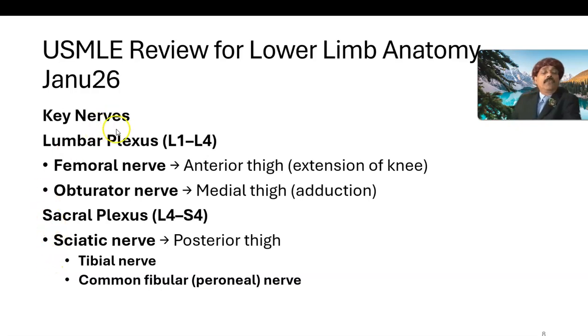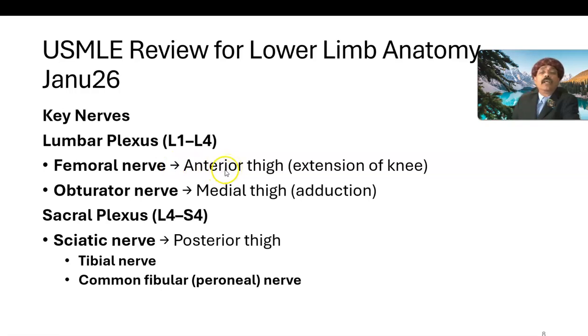So you got the lumbar plexus. The femoral nerve is essential for anterior thigh extension of the knee because it innervates the quadriceps muscle: vastus medialis, vastus lateralis, vastus intermedius, and the rectus femoris muscle. So essential for knee extension. Obturator nerve also makes a small contribution.